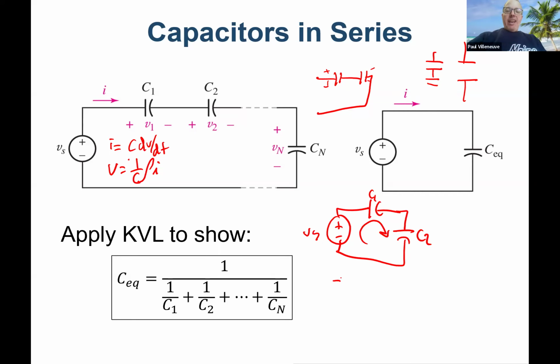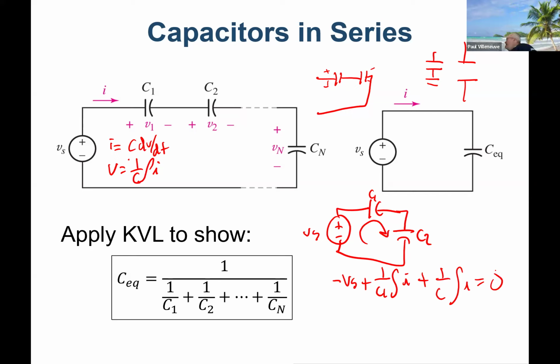So I know that negative Vs plus 1 over C1 integral of I plus 1 over C2 integral of I has got to equal 0, because that's my KVL equation.